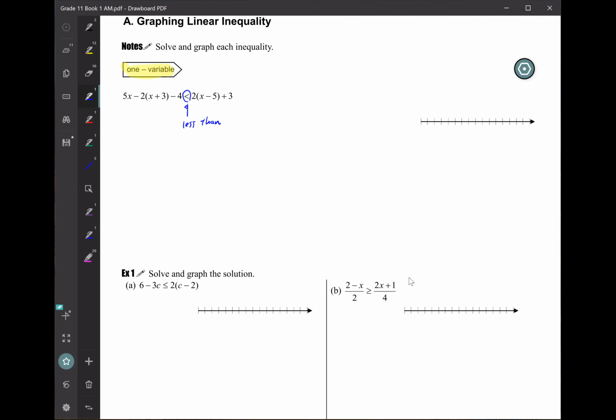Does anybody know in what case we need to flip the inequality? When do we need to flip it? Remember the rule for that? Colin, do you know? When you're dividing by a negative number.